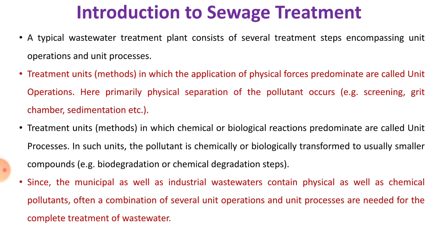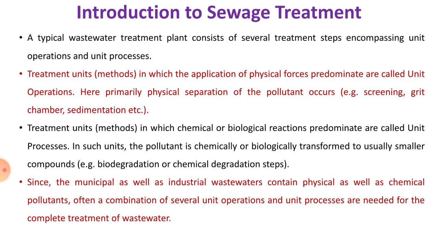Whereas those in which chemical or biological reactions predominate are called unit processes. In such units, the pollutant is chemically or biologically transformed to usually smaller compounds, for example, biodegradation or chemical degradation steps. So where the wastewater is chemically and biologically transformed, it is called a unit process.